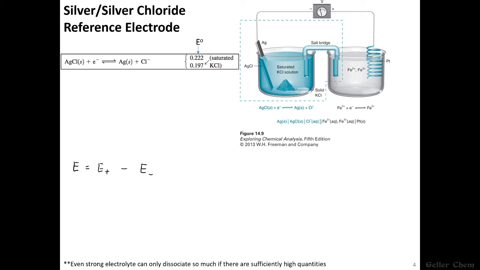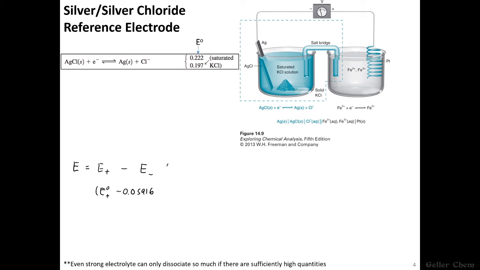But let's re-express the voltages in terms of the Nernst equation, since there's no guarantee that we're at standard state. In fact, that saturated KCl solution is definitely not at standard state. So for E on the plus side, we have the standard state voltage of that positive terminal electrode minus 0.05916 divided by n, but in this case we can see from the reactions that the n value is 1 for both sides.